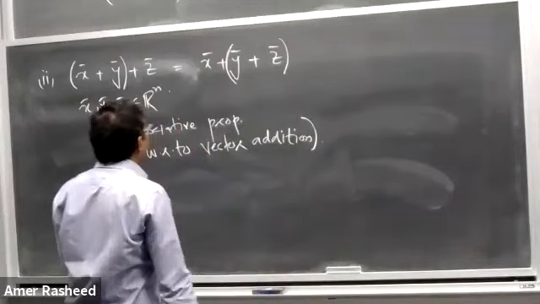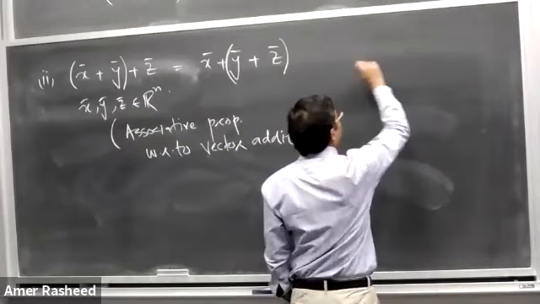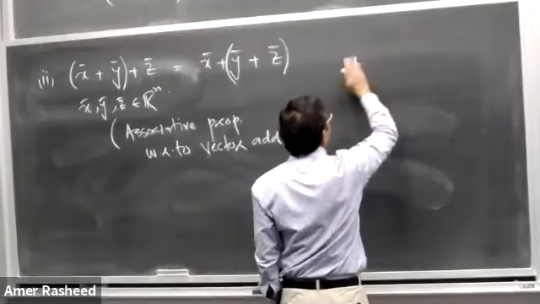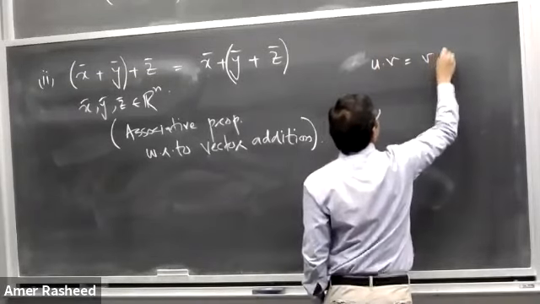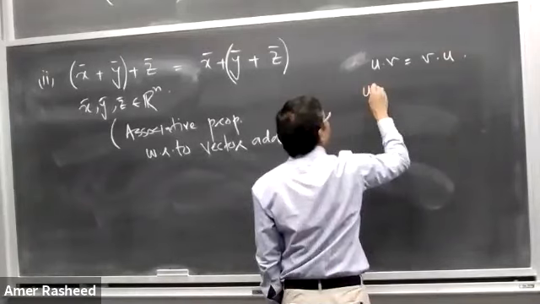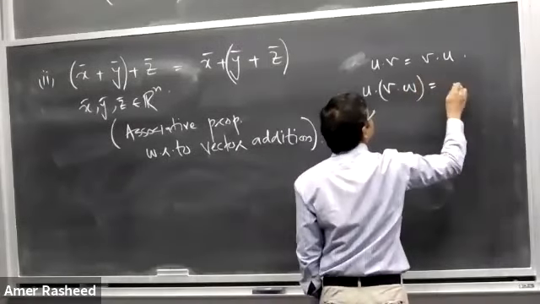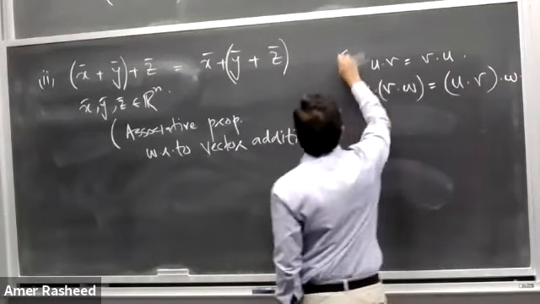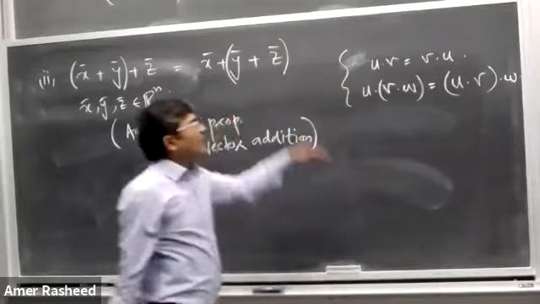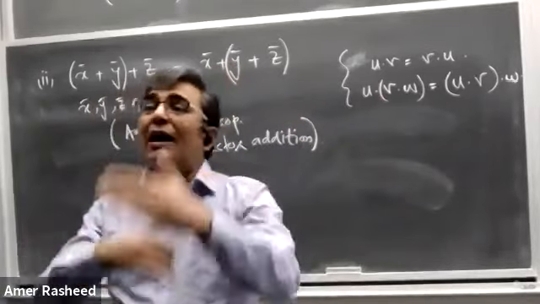In that case, we say that the associative law or commutative property can be true for some other kind of elements. u into v is equal to v into u. Similarly, (u into v) into w is equal to u into (v into w).